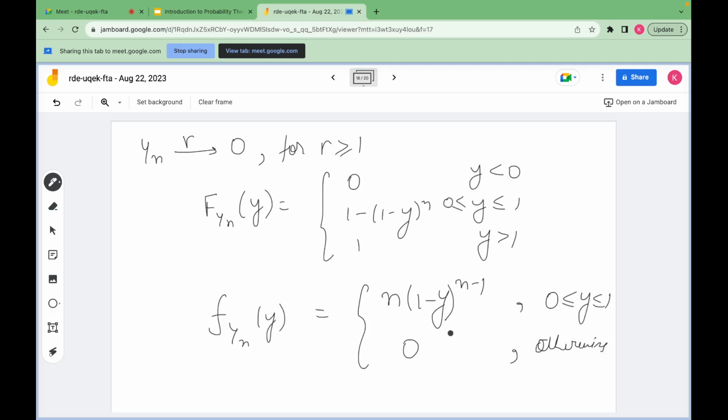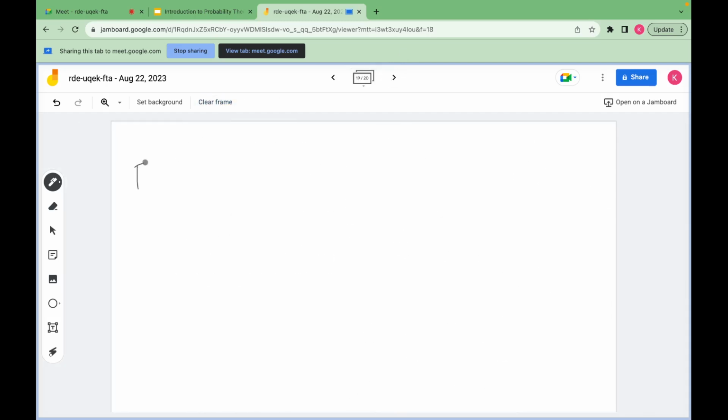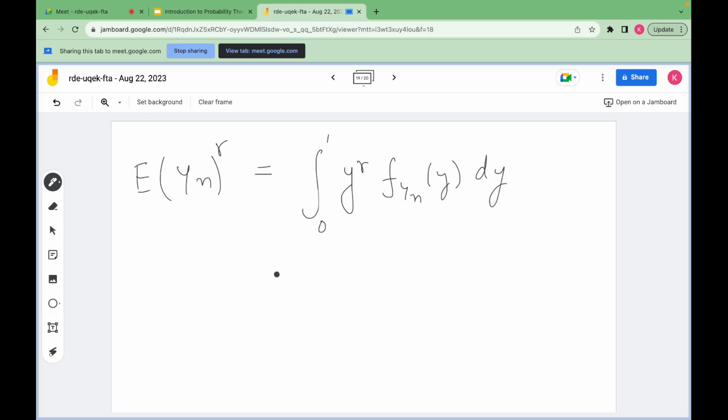This is the probability density function. Now if we want to find the expectation of yn to the power r, for any rth moment, it will be nothing but the integral of y to the power r times f(y) dy. The limits are 0 to 1.